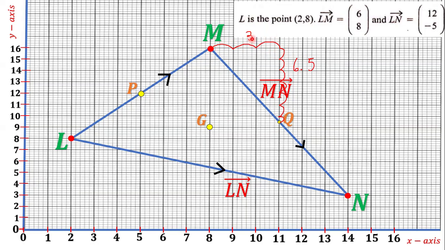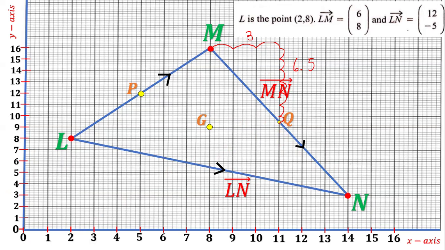We could also go down 6.5 and then across 3 times. We just worry about the absolute value of the numbers because we're not trying to find the components. We're just trying to figure out the length.